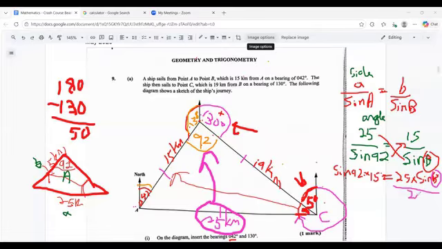Divide both sides by 25, because it's originally being multiplied. This will cancel, so we remain with sine B. Now, some students will go and work this out. I tell you, if you work this out right now, you get some kind of long decimal, and I'm not going to write that, so leaving this just as it is for now.